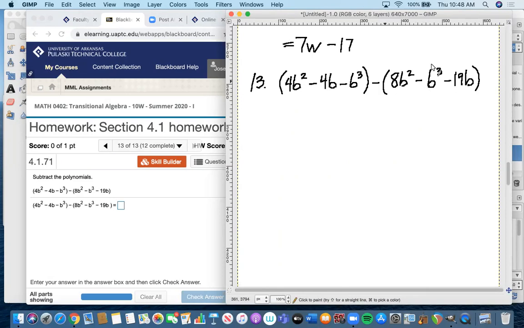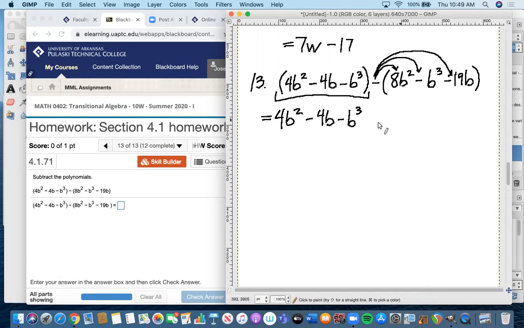Again, I'm going to distribute the negative. That means I'm going to distribute it to the 8b squared, to the minus b to the third, and to the 19b. So all three terms in parentheses, I need to change the sign on. Just like in the last problem, for the first group the parentheses don't really do anything, so I just get rid of them: 4b squared minus 4b minus b to the third.